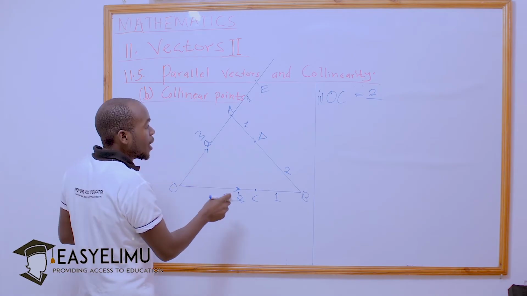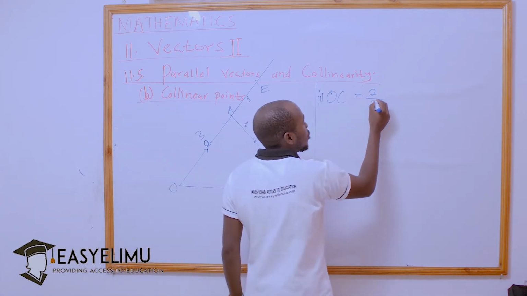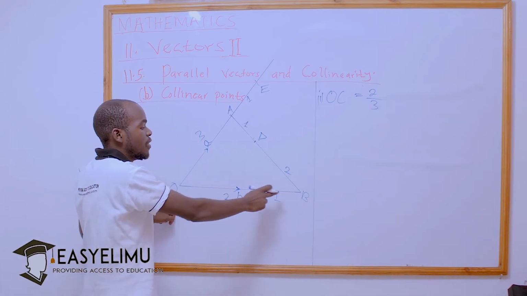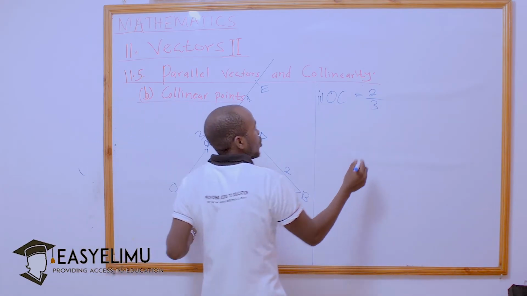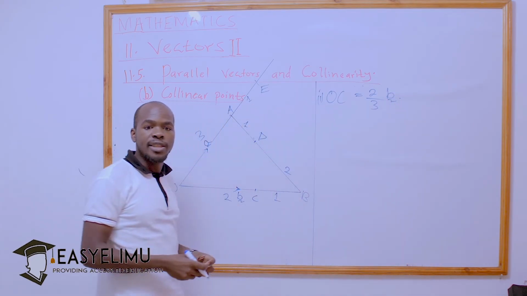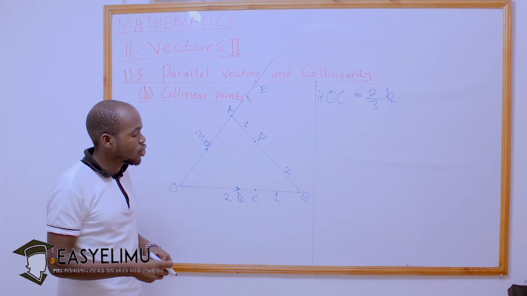So to express that, it will be 2 over the total ratio, then multiply by the total vector of that given line, which is vector B. And that is OC. That is how we express OC.